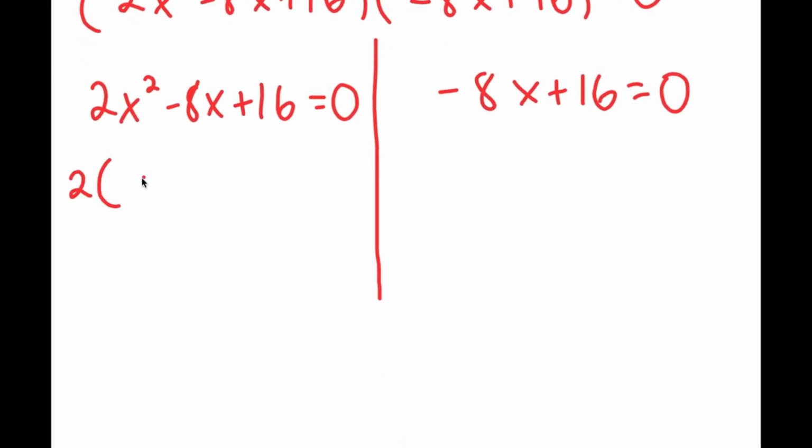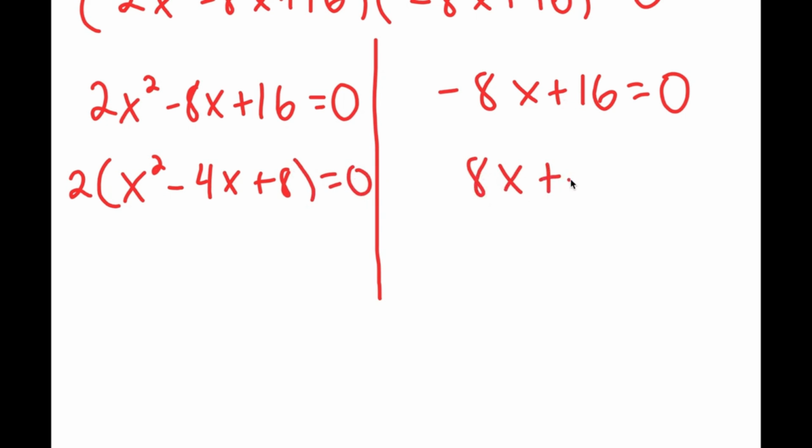Now from here, I'm going to factor out 2, so I get 2 times x squared minus 4x plus 8 is equal to 0. And from here, for this equation, I have 8x is equal to 16. So if I divide both sides by 2, I get x equals 2.